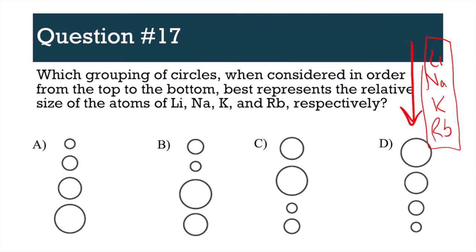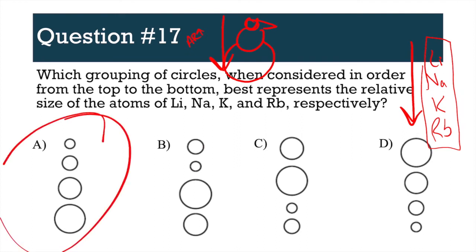They're going down a group. Whenever you think atomic radius, your first thing to do is draw that atomic radius snowman. As you go down, the atomic radius increases, and the option that looks like a snowman, which is why we draw it, is choice A.